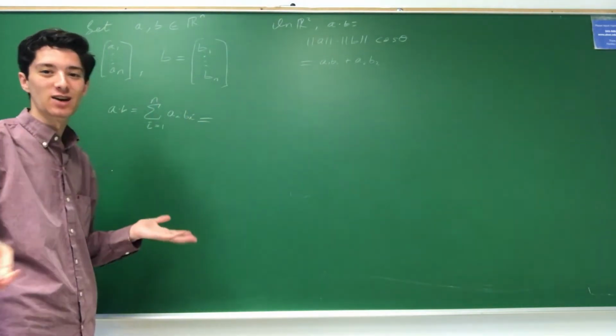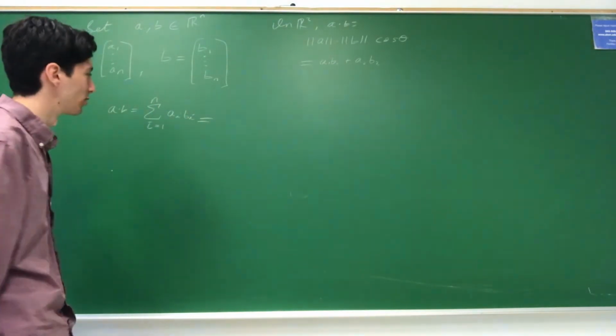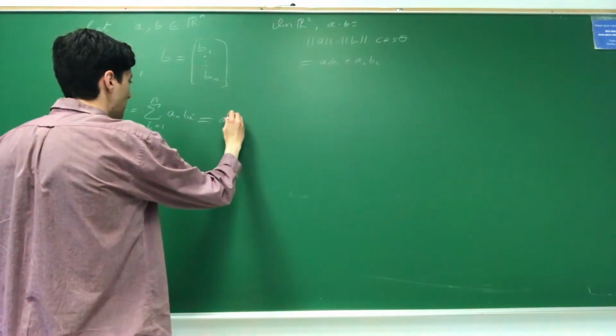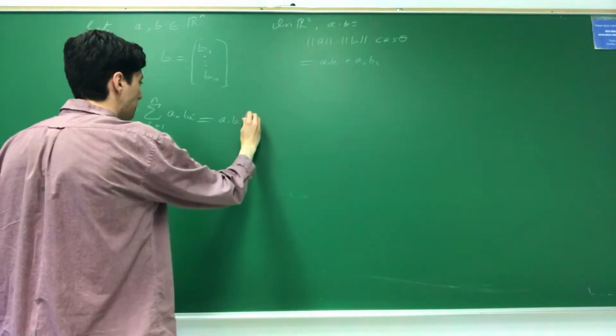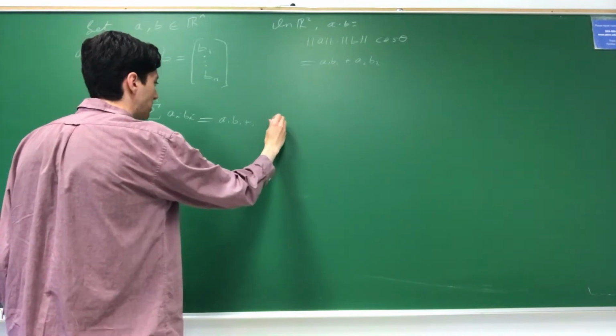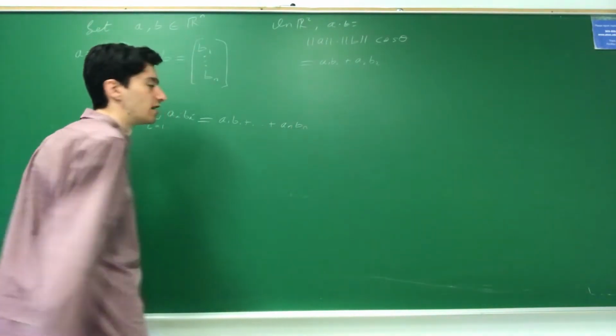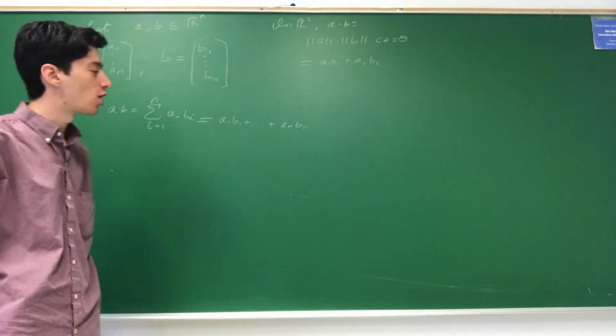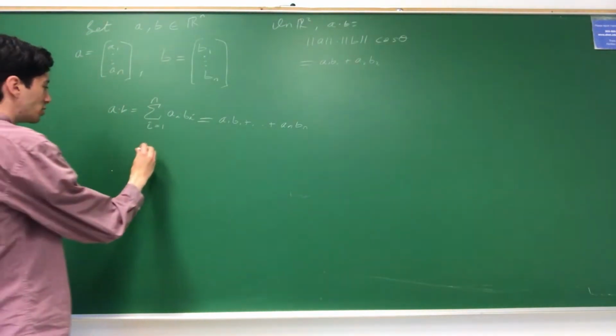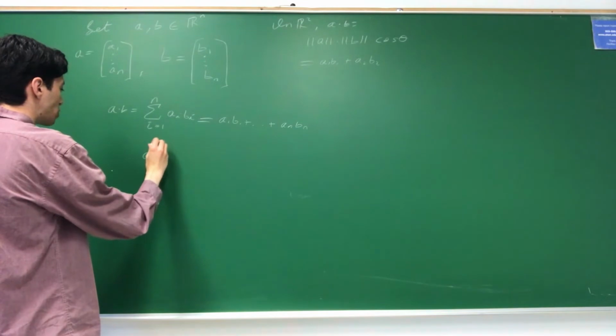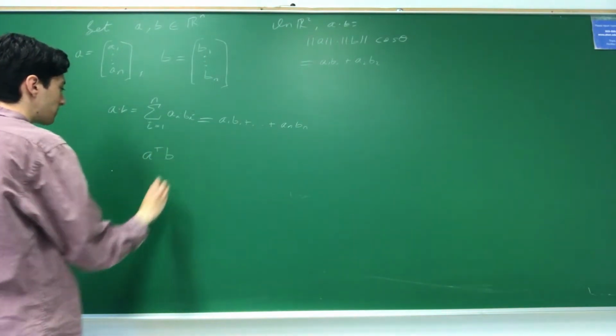And to write this out in more plain terms, this is A1 B1 plus dot dot dot plus An Bn. Now, interestingly, this is also equal to A transpose B.